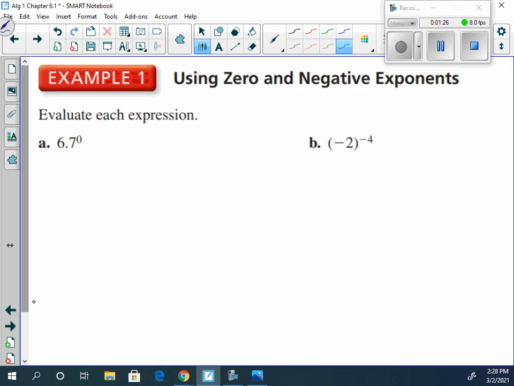All right, let's look at the first one. 6.7 to the 0. What would 6.7 to the 0 power be?